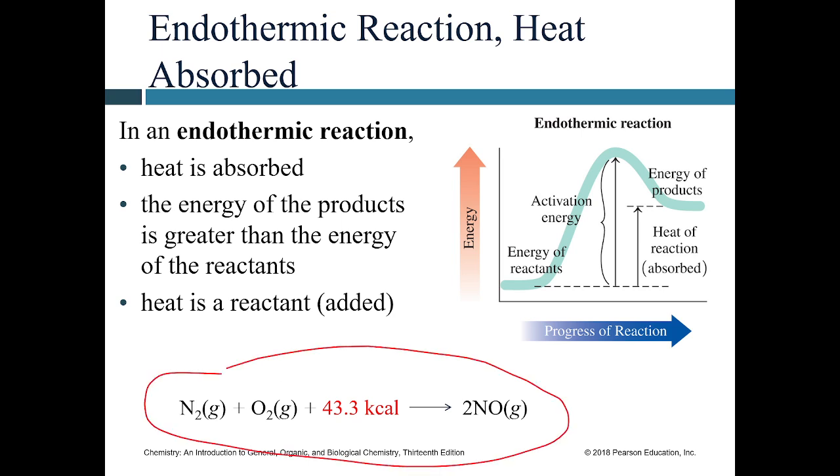This is actually the Haber reaction. It's kind of a fascinating reaction. Also the reaction you'd see in a car. So when your car's running, it produces a little bit of NO, which is what produces smog eventually. And that's why California has pretty bad smog problems. Well, it did. It's not as bad anymore.